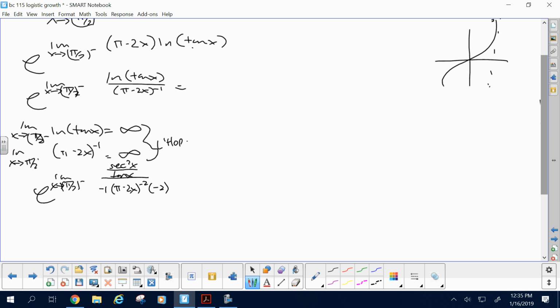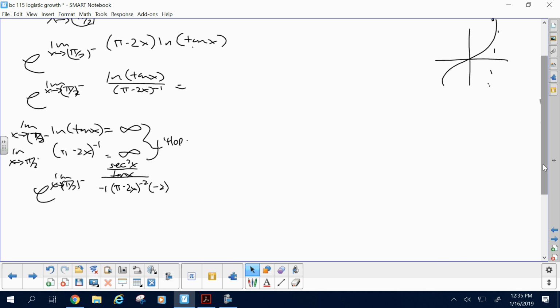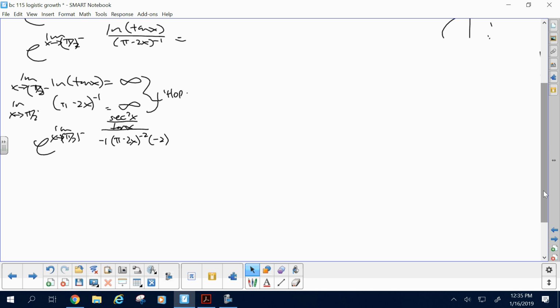All right. Let's clean that up a little and see where we're at. E to the limit as x goes to pi over 2 from below. So the trig, I think I'm going to go cosine squared, and the tangent I'm going to call sine over cosine.